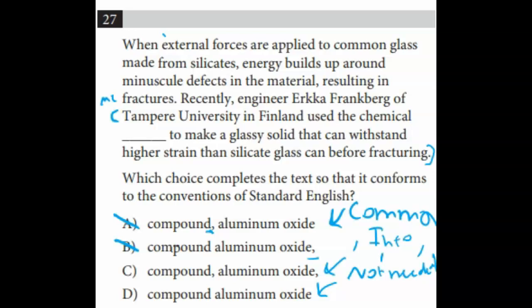I would say that information is needed. You need to tell me it's aluminum oxide, because nowhere in the beginning of the paragraph do they mention what the chemical compound is. You can't say used the chemical compound to make a glassy solid because we don't know what the chemical compound is. It is a necessary bit of information, and that's why D is correct, because putting the commas here and here implies that aluminum oxide is not necessary information in the passage, but it is. And so that's why C is out and D is the correct answer.